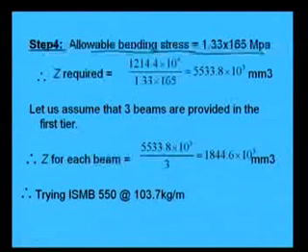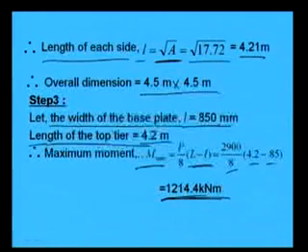So, allowable bending stress is becoming 1.33 into 165 MPa. So, Z required, the section modulus required, will become M by sigma b, right. M we got from here: 1214.4 kilonewton meter.